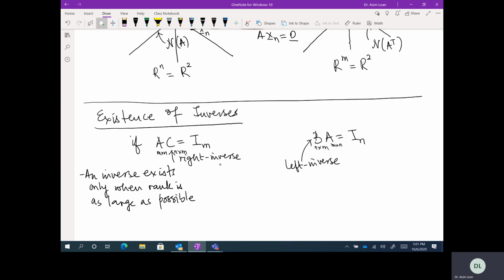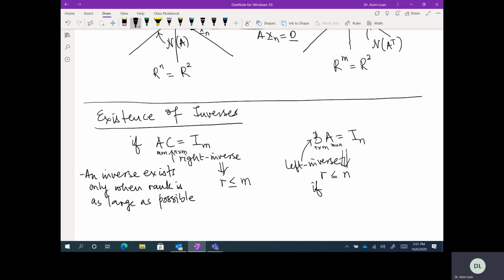What is the maximum rank here? Here R is less than or equal to n. And here R is less than or equal to m. And here rank is less than or equal to n.